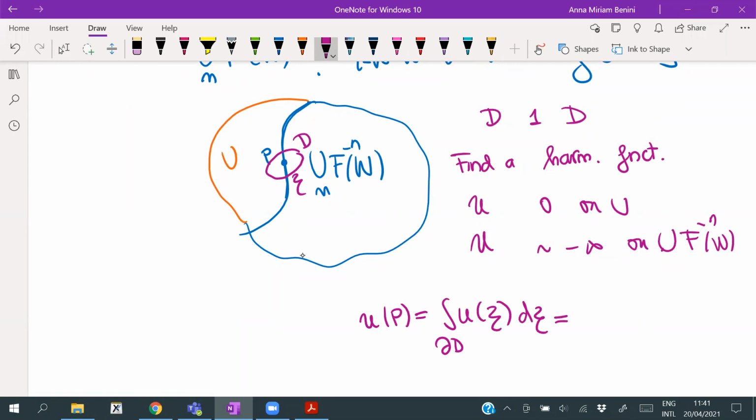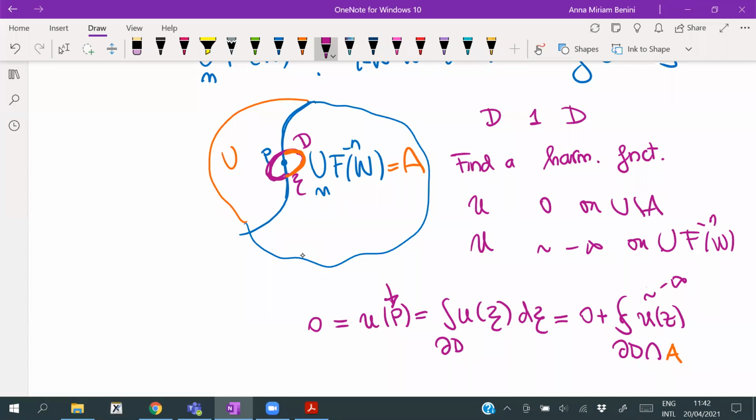So this is equal to the integral over the piece of the boundary contained in U, which is 0, plus the integral over the piece of the boundary contained in, let me call this set A, which is negative. But P is in U minus A, so this should be equal to 0.